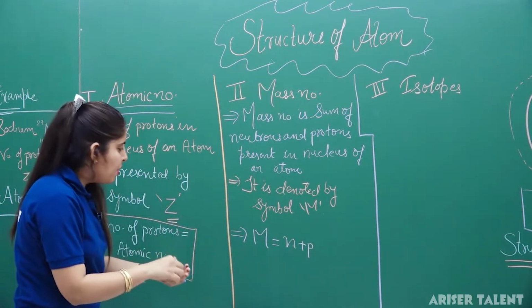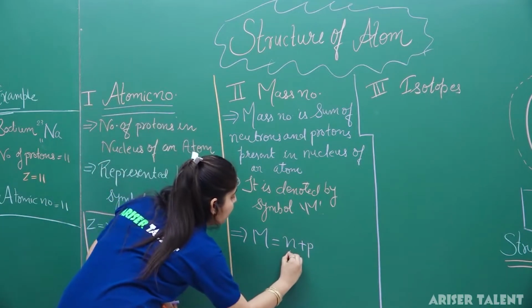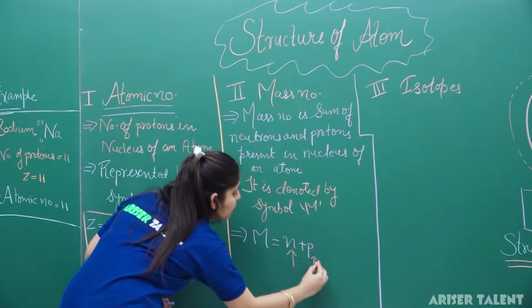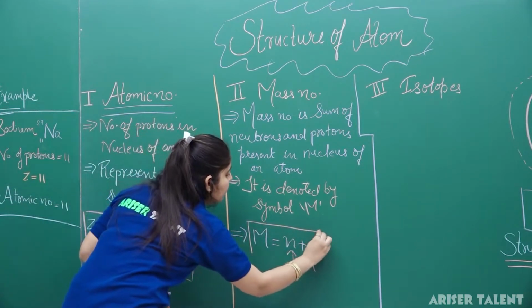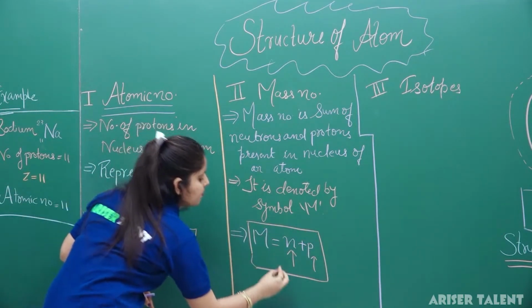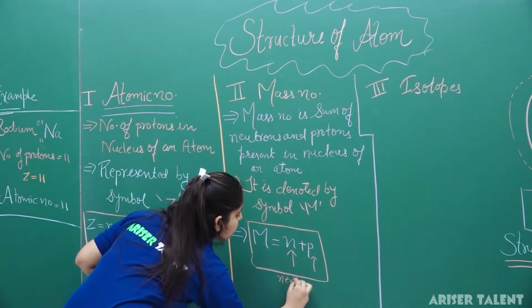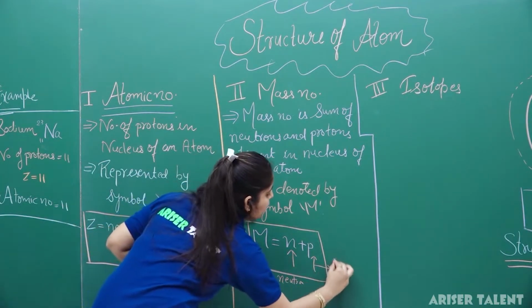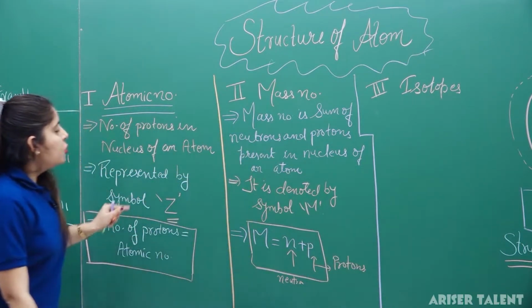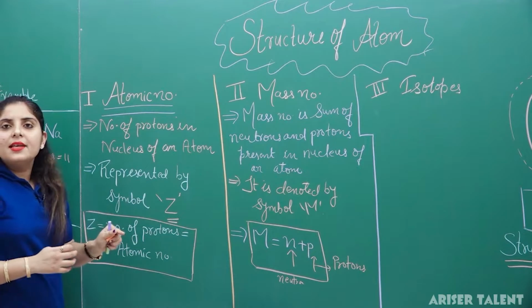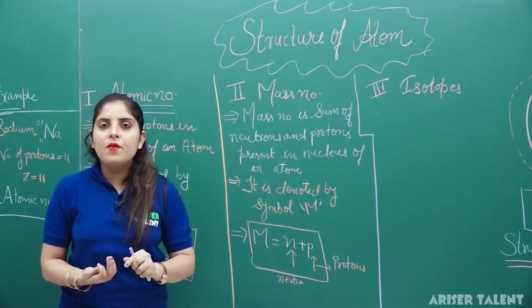Here n is the number of neutrons and p is the number of protons present in the nucleus of an atom. So mass number M equals n plus p, where n is neutrons and p is protons.